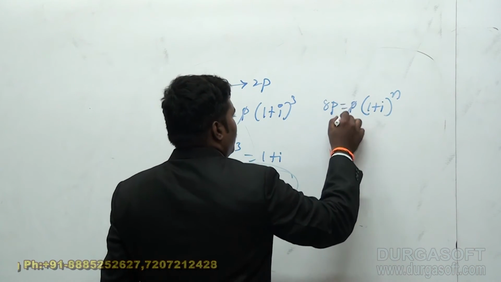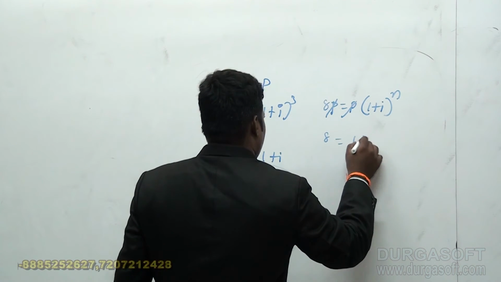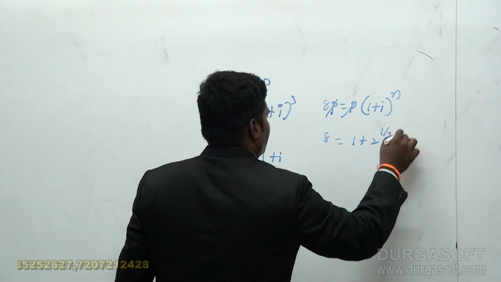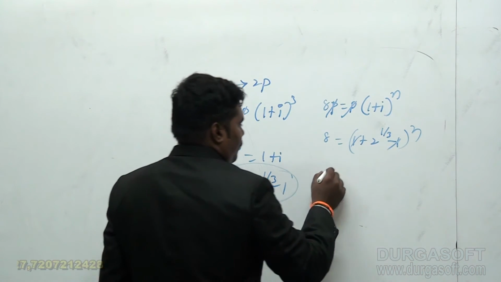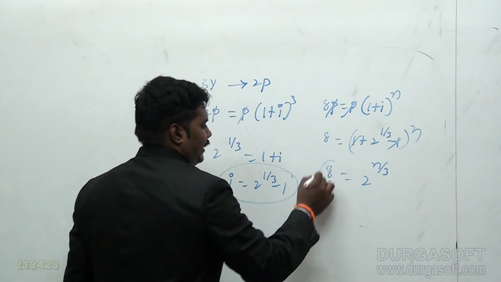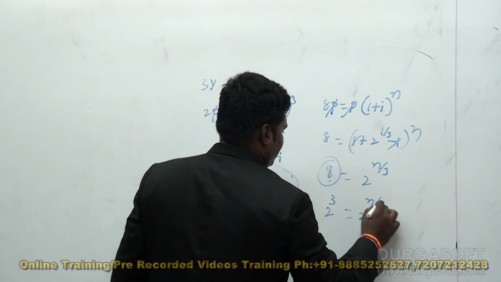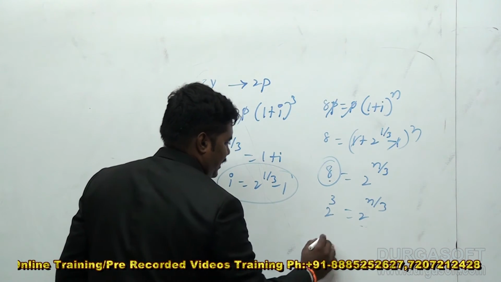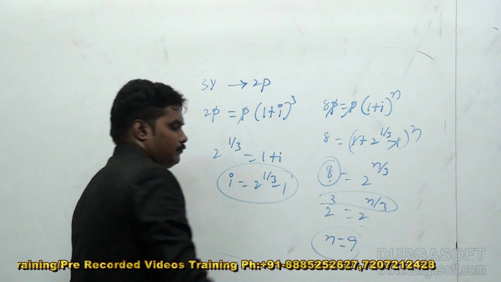So P, P cancel. Substituting I, 8 is equal to 1 plus 2 power 1 by 3 minus 1 whole power n. Minus 1 plus 1 cancel. By this way 8 is equal to 2 power n by 3. So this 8 should be converted into powers of 2. 2 power 3 is equal to 2 power n by 3. So here in this case n is equal to what? 9, by equalizing these two.